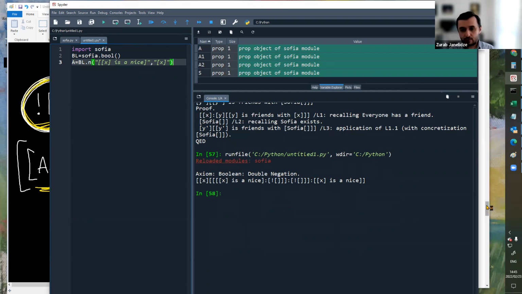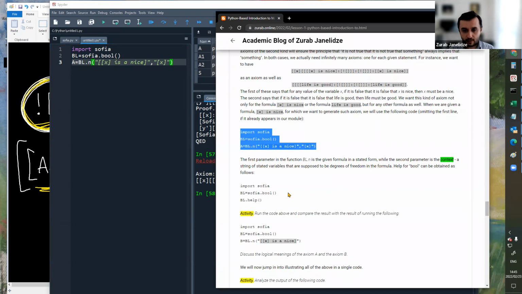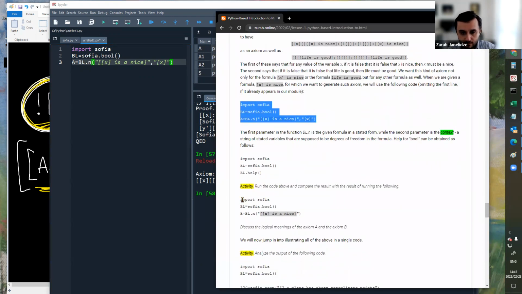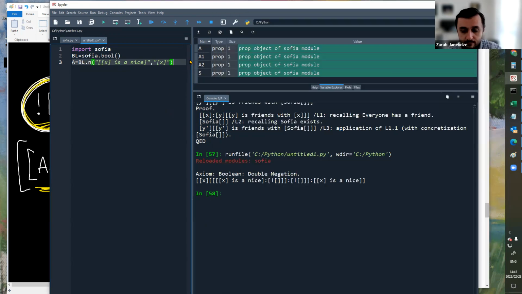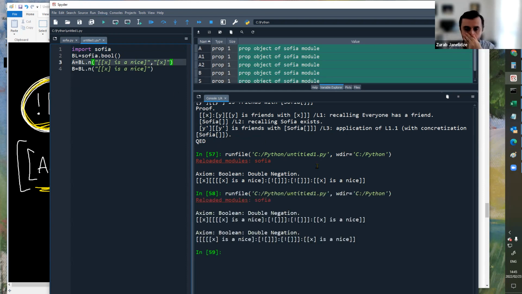There are actually two different ways of thinking about this axiom, two different illustrations rather of this axiom. I'm going to copy paste both of them. Okay, so this is the other one.